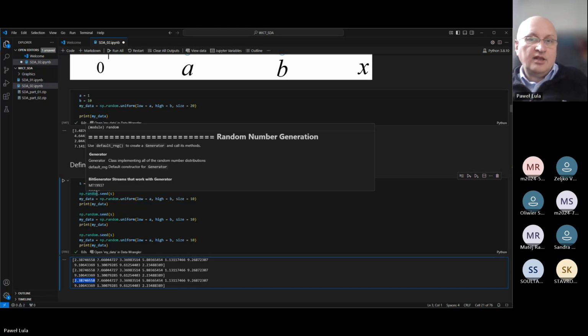Then the data sets will be the same for every experiment. And then we can compare the results, the quality of results obtained using different models.